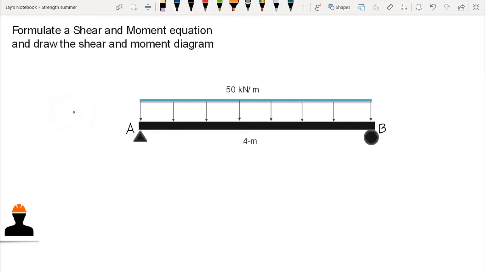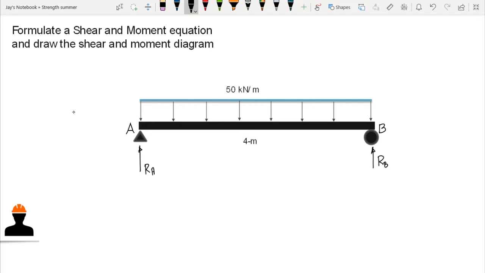So we have a vertical reaction at A, let's say that is RA. And then at roller support B, we also have one vertical reaction, let's say that is RB.